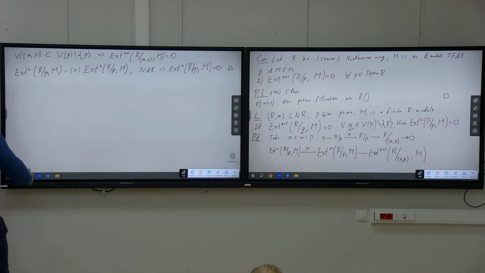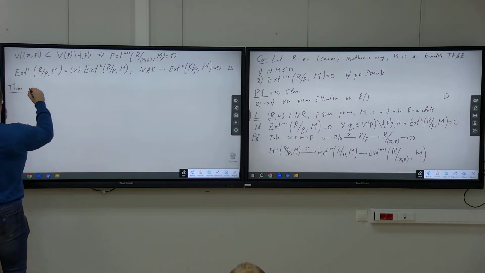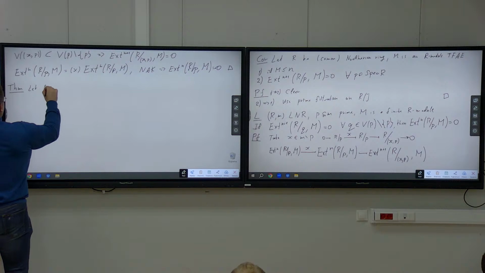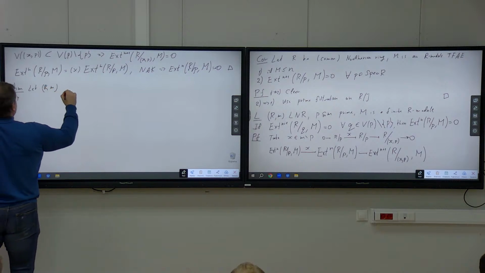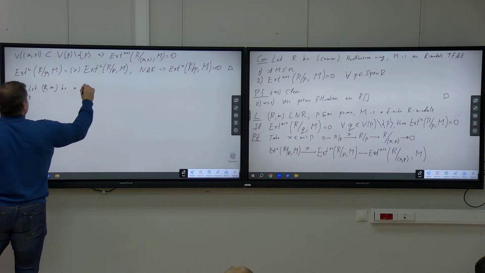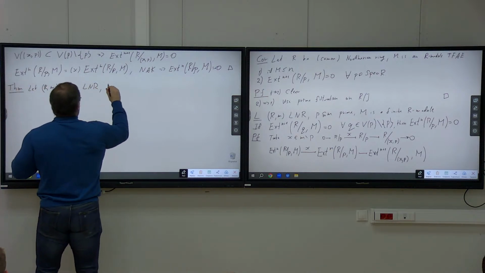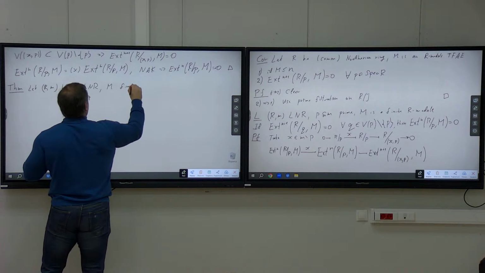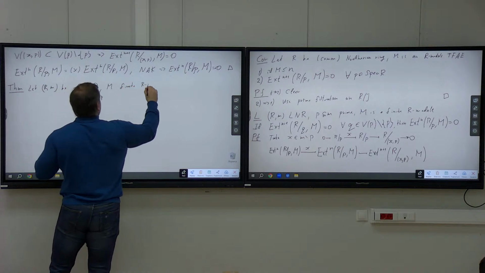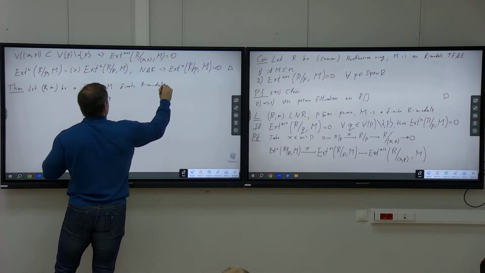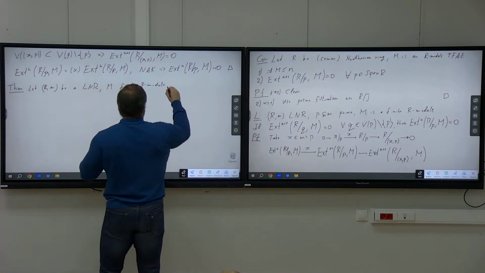Okay. So maybe let me even call this the theorem, because it's an interesting statement. So as before, I assume that I have a local Artinian ring, and I have M a finite R-module.